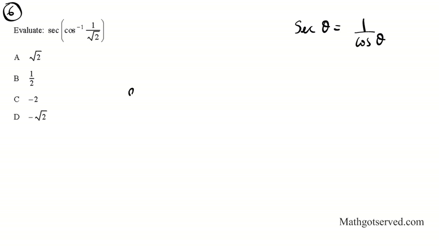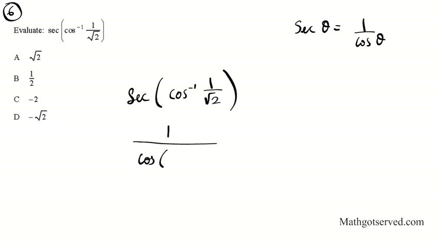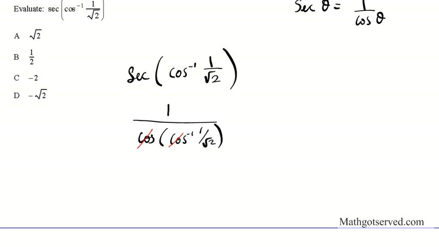So this expression, secant of the inverse cosine of 1 over root 2, can be written as 1 over cosine of the inverse cosine of 1 over root 2. Since cosine and inverse cosine are inverses, they cancel each other out. So you're left with 1 over 1 over root 2.